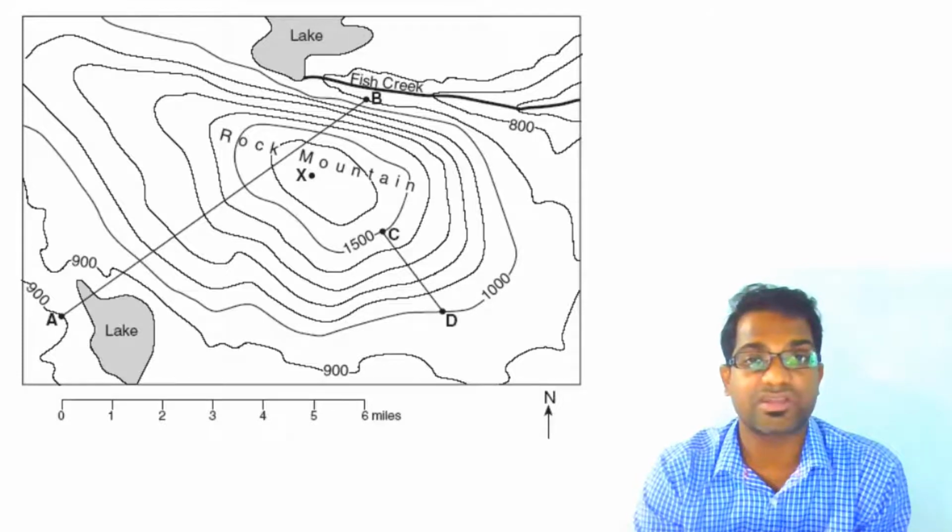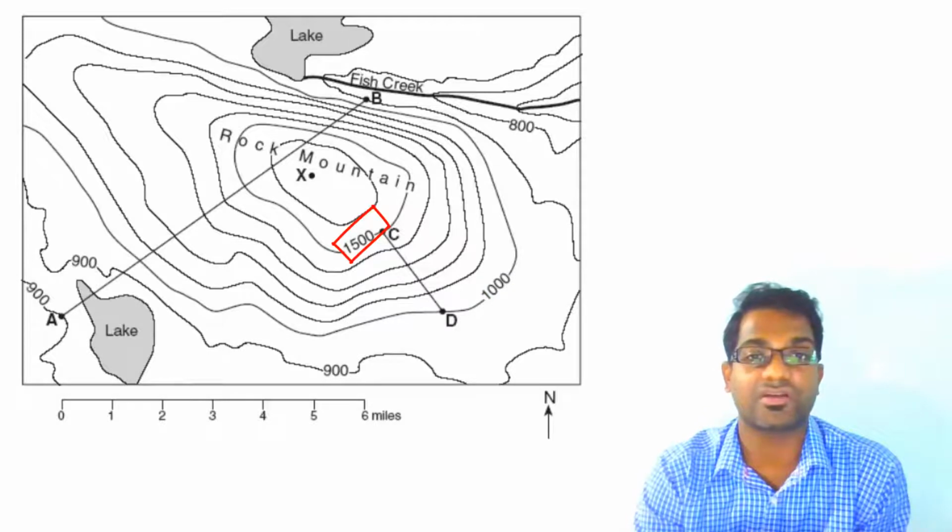The lines represent the vertical distance of the ground station points with reference to mean sea level. The 800 line represents the line joining the points of 800 vertical distance on the ground surface. Similarly 1000.